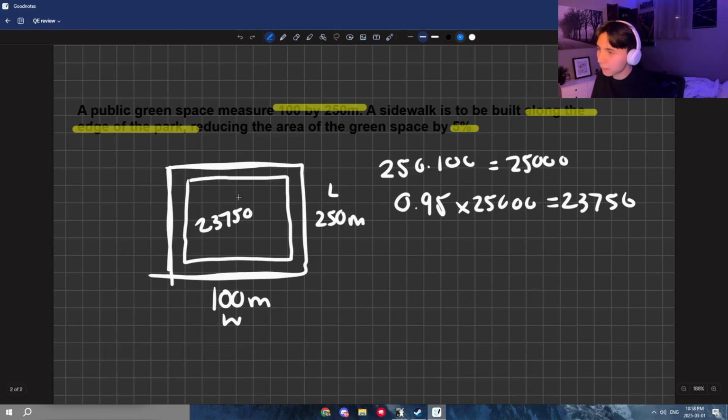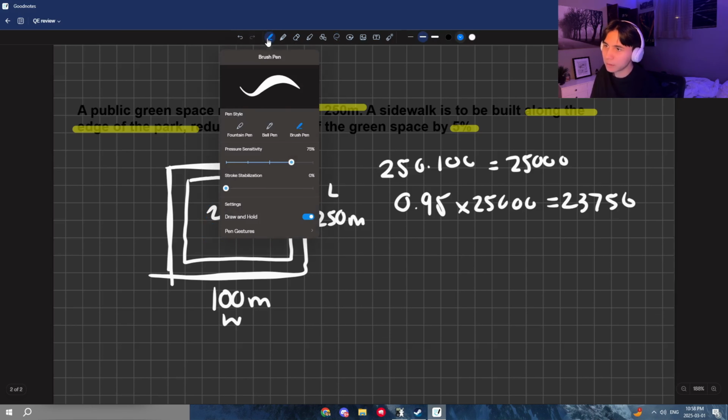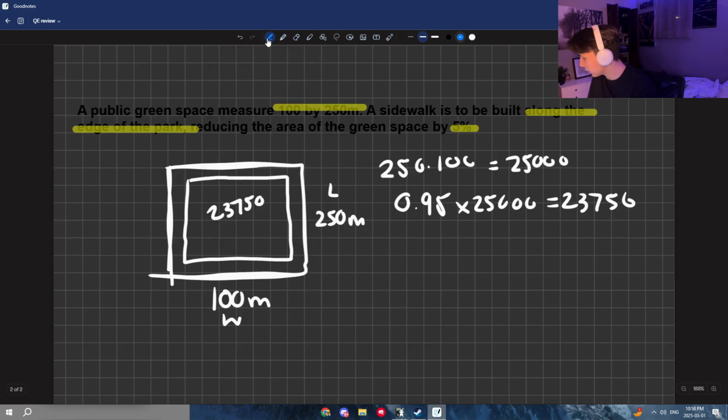Okay, so once we found the new area of our green space, all we need to do is write an expression that actually models this equation. Since we have a sidewalk being built around, the way we can represent this is we're just going to draw a line on each of the sides of the new box, and we're going to label this x.